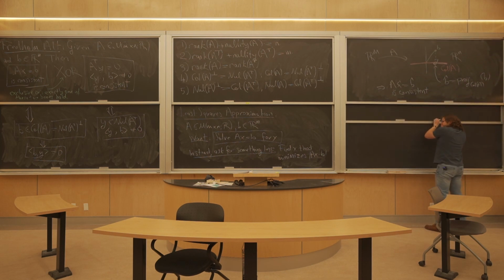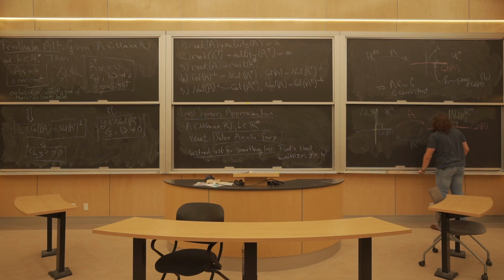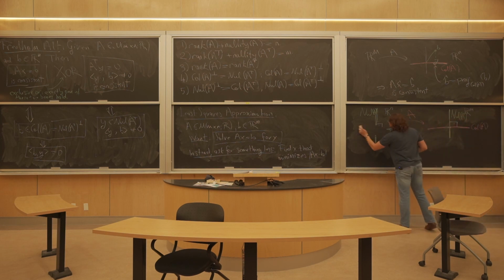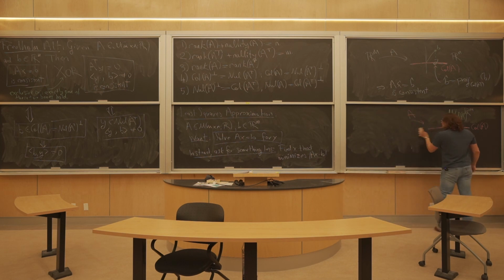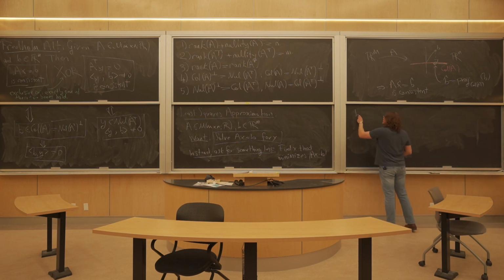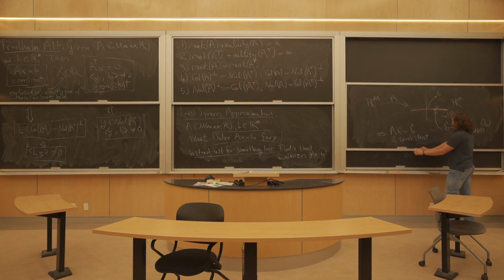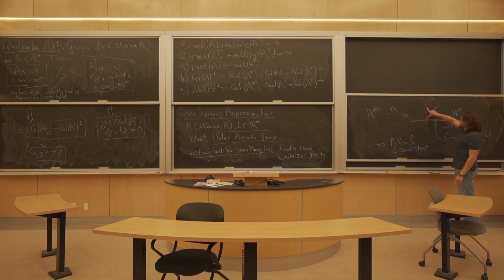Further, the distance between B and B hat is going to be sort of like an error. And if I were to look at that difference, so B minus B hat is this vector.